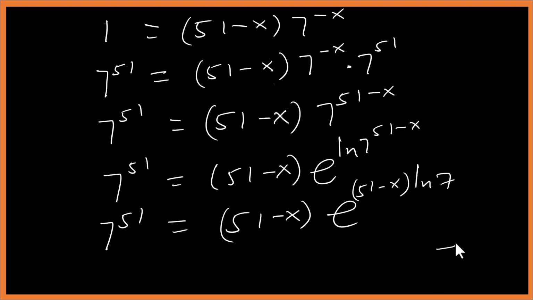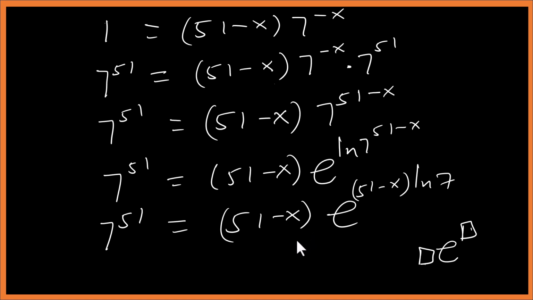So e raised to a box times that box. What we have here must be equal to what is here so that we can perform the Lambert W function. So we have 51 minus x ln of 7, but we have only 51 minus x. So something is missing here.